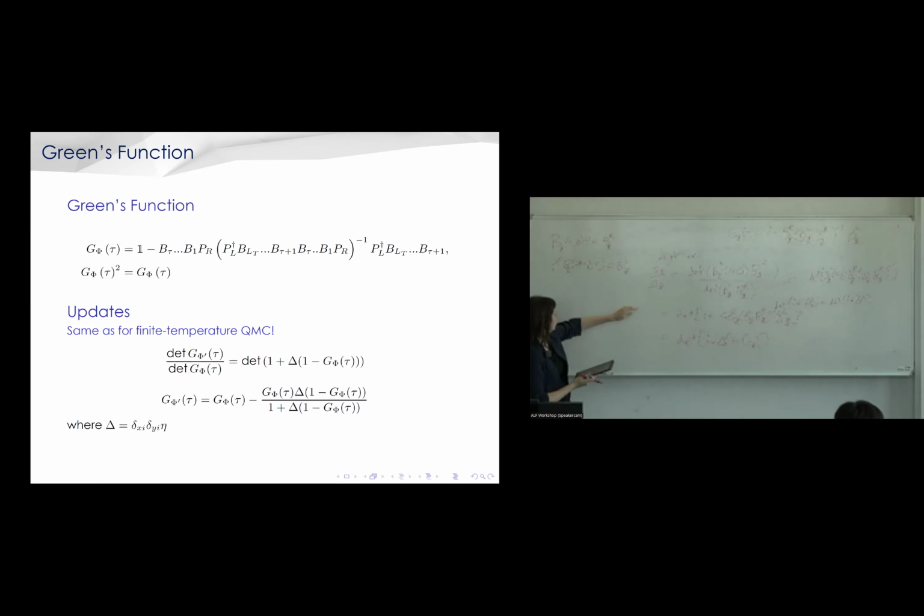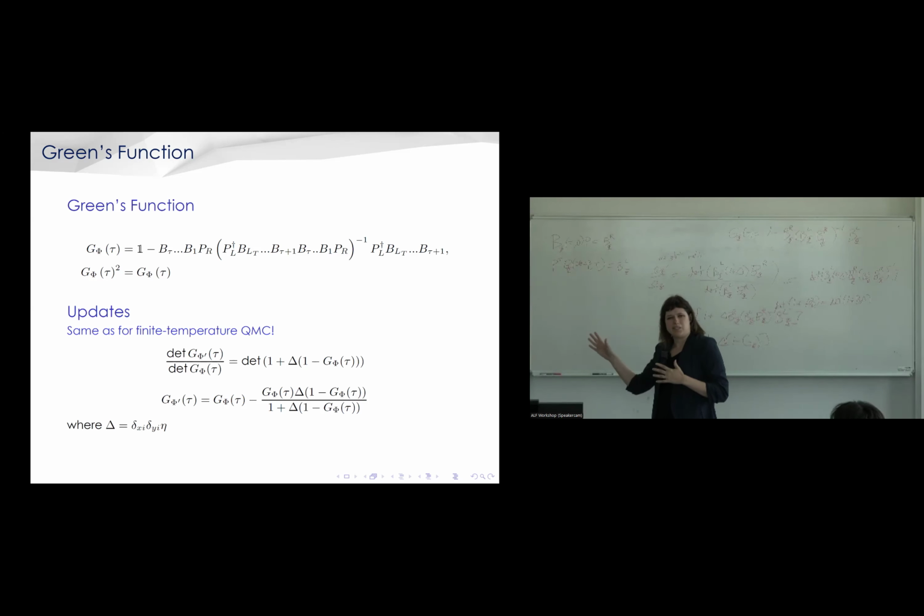So with this weight ratio, we can write this in terms of the equal time Green's function, again, for the updates. So just as before, the equal time Green's function is going to be the central quantity. We use it to build the observables in just the same way. And then we can also use it, perhaps more surprisingly, for the updates in just the same way, the same formulas.